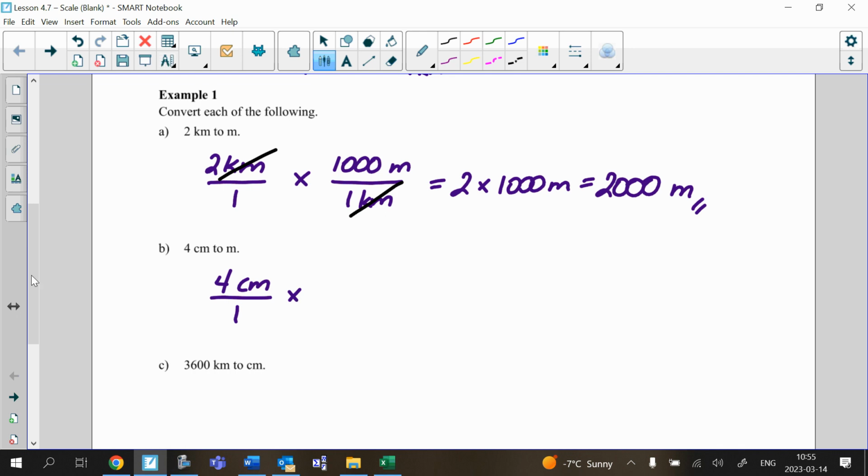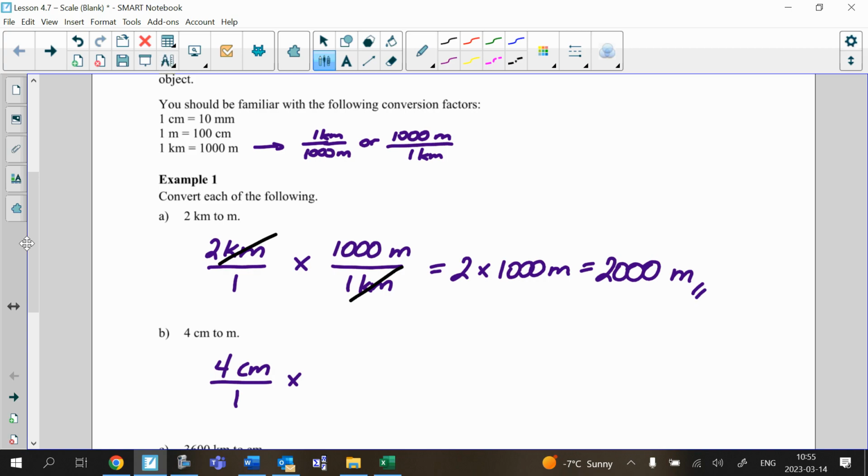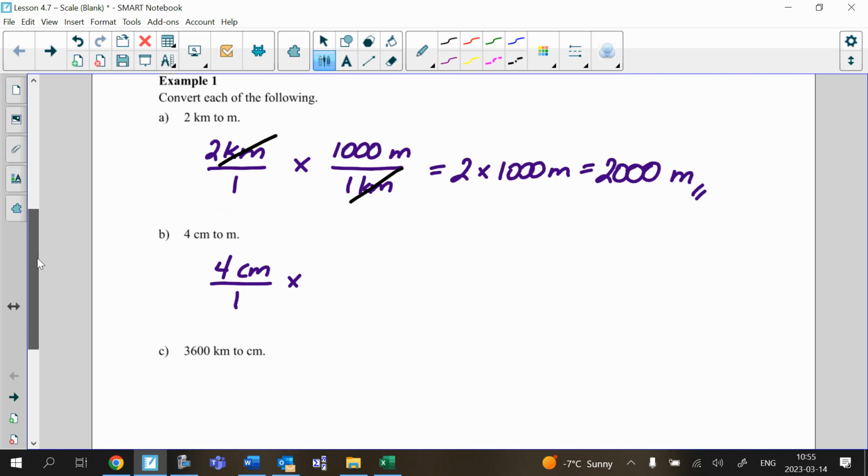Which one of these would I use? Centimeters, millimeters, meters, centimeters, or kilometers, meters? Meters, centimeters. But I want the centimeters on the bottom, right? Because I want to cancel it with the centimeters up top here.